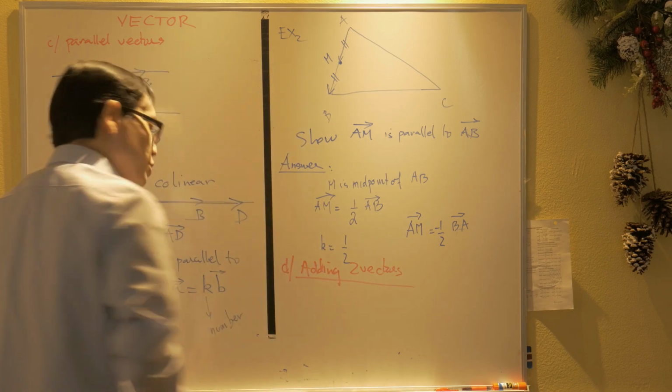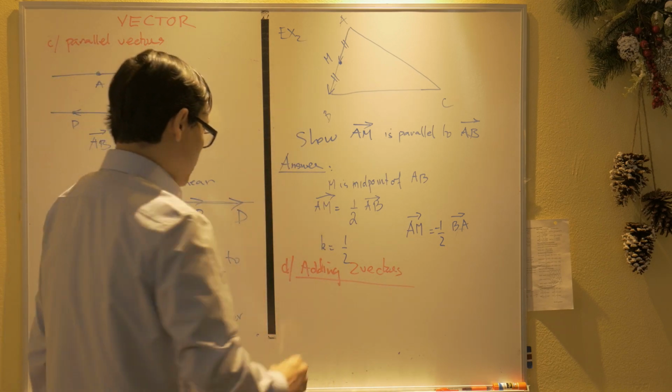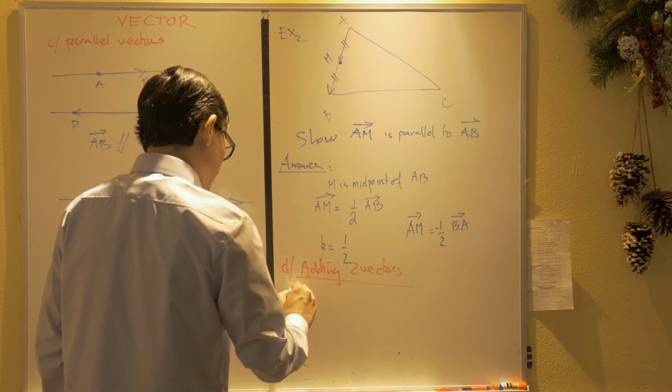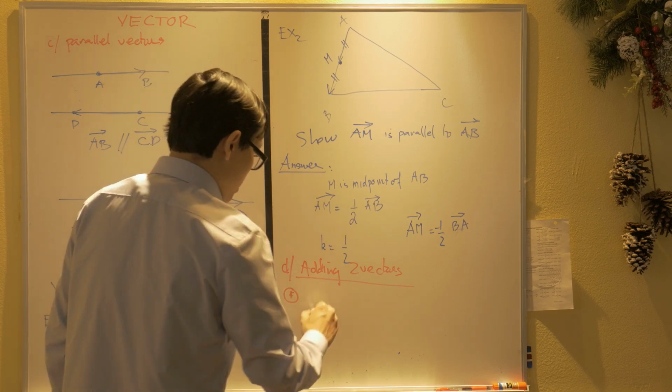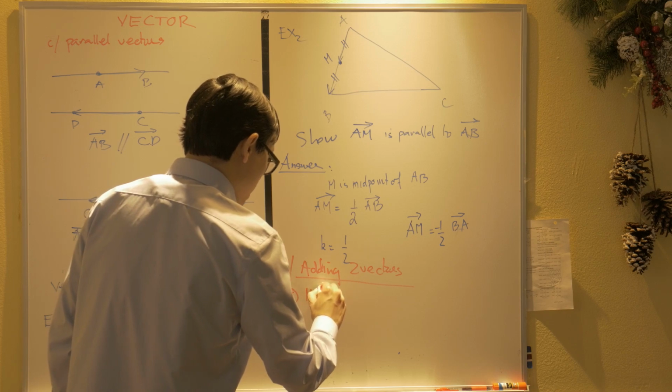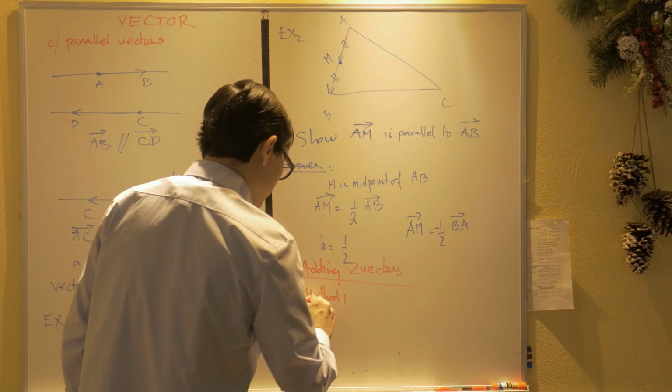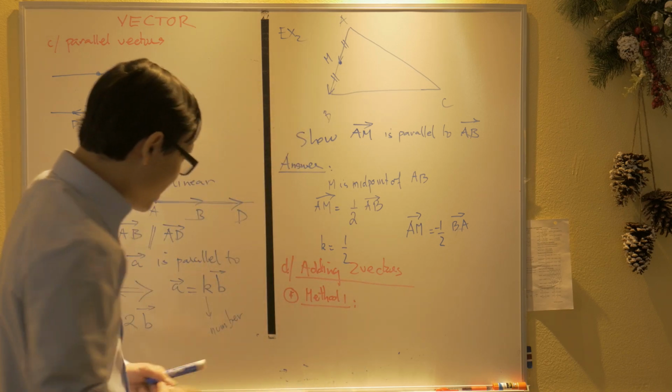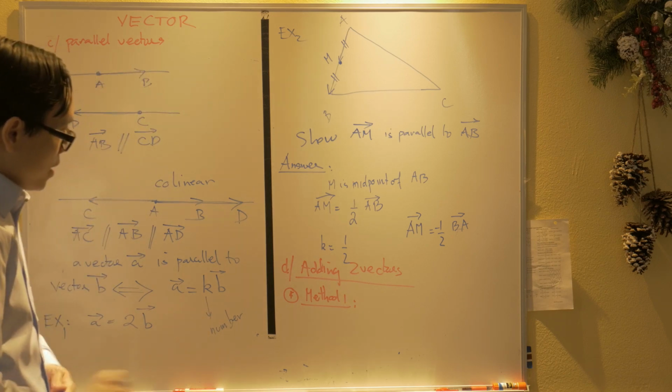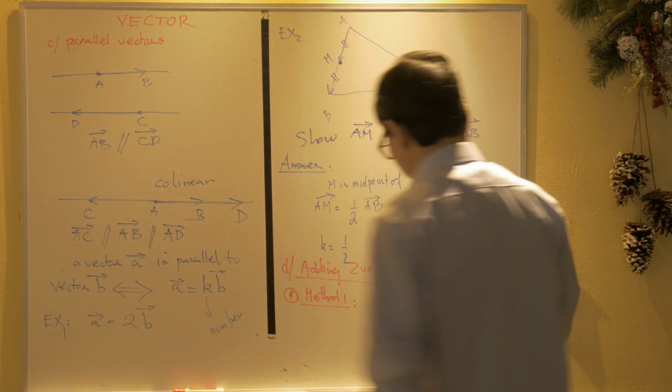There are two methods to add two vectors. The first method, I call it method 1.